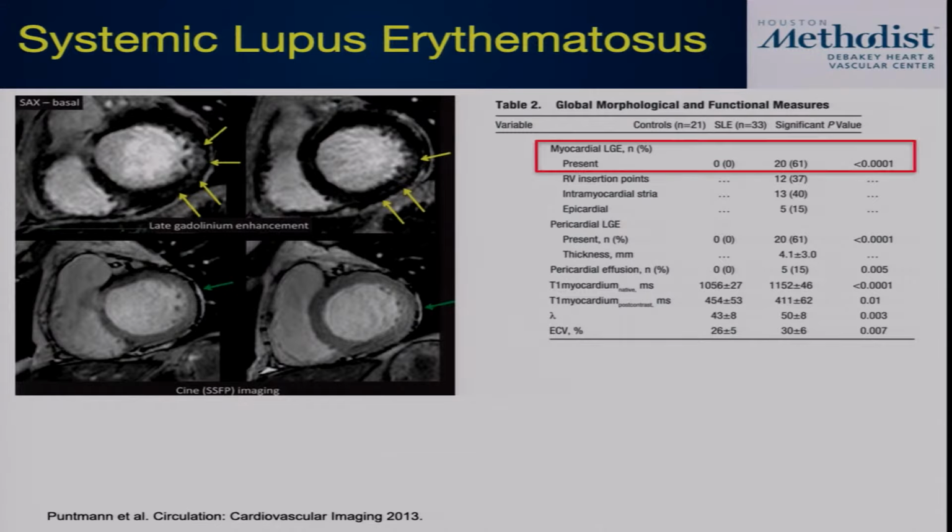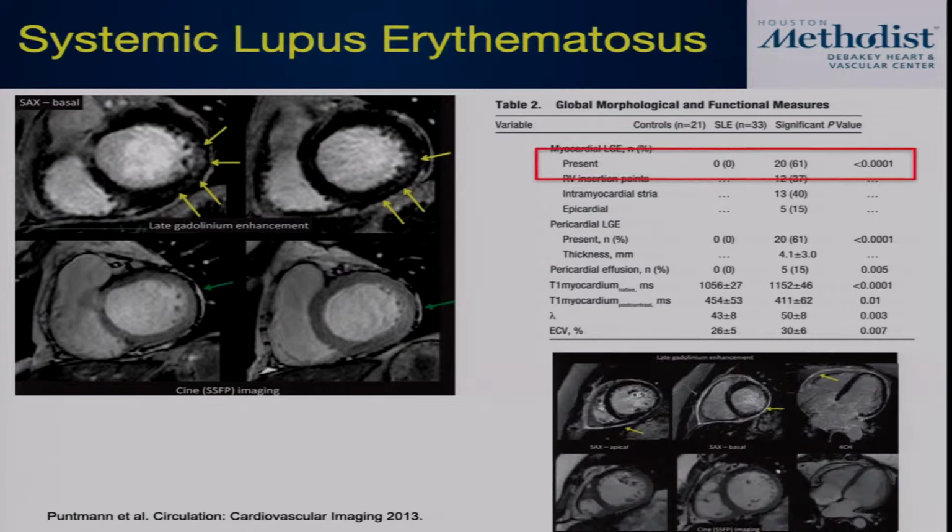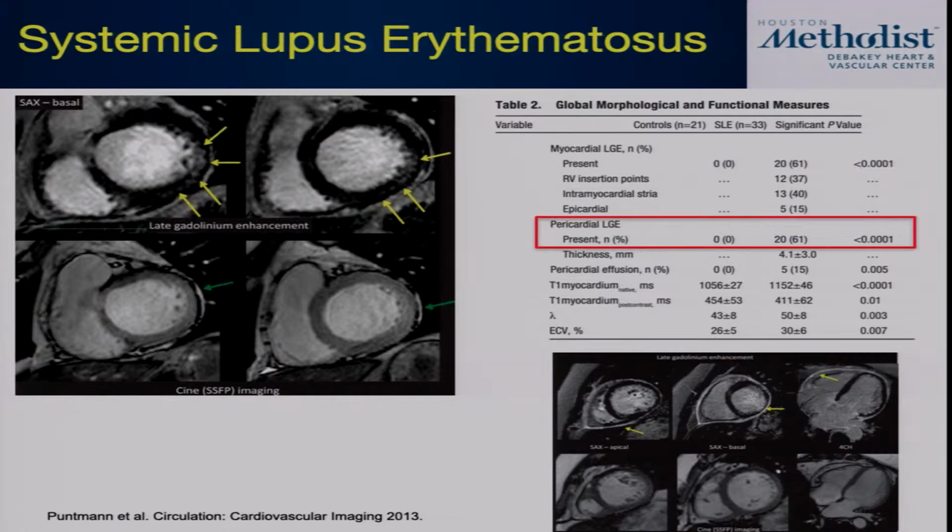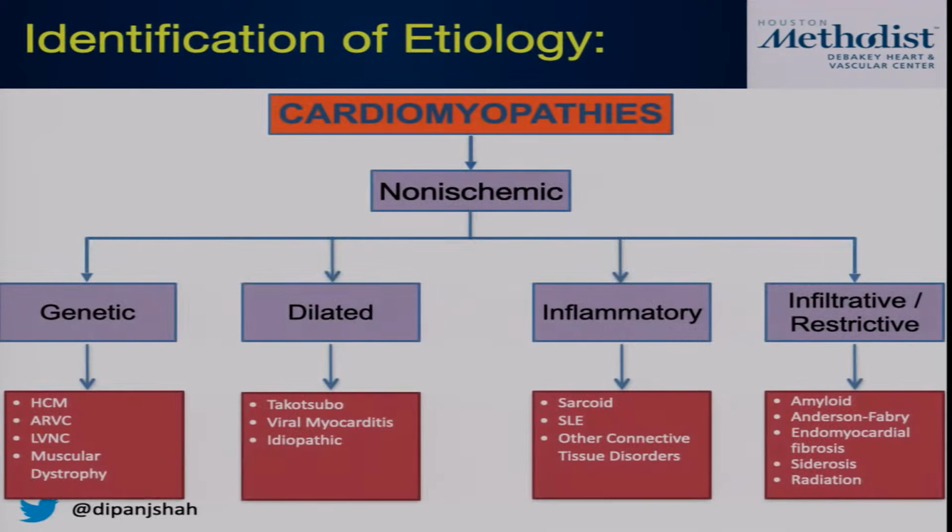The key findings were, one, you could have evidence of myocardial late gadolinium enhancement in some of these patients. In addition, it can often affect the pericardium, leading to pericardial thickening. Importantly, when you give gadolinium contrast, you can see areas of hyperenhancement of the pericardium, which is a sign of active pericardial inflammation.